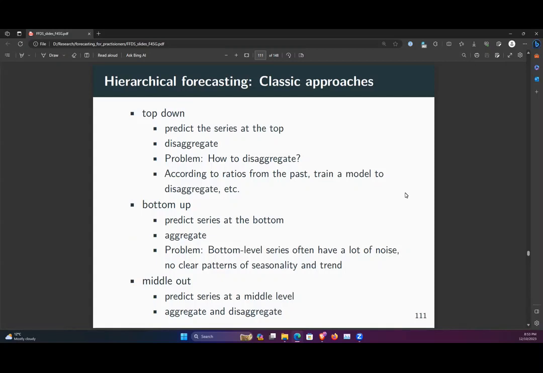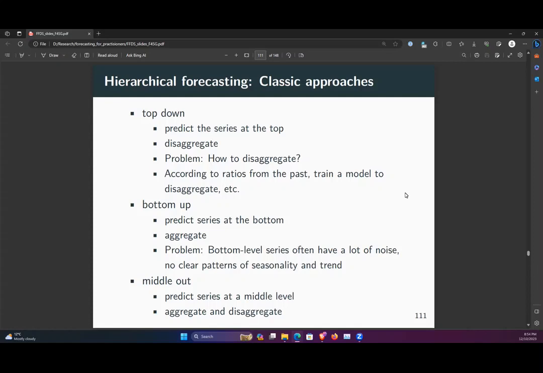The question is, how do you disaggregate? One way is using ratios from the past or training a model to disaggregate, but it's still challenging. Then there is the bottom-up approach, where you predict the bottom level series and then just aggregate them up by addition or something.